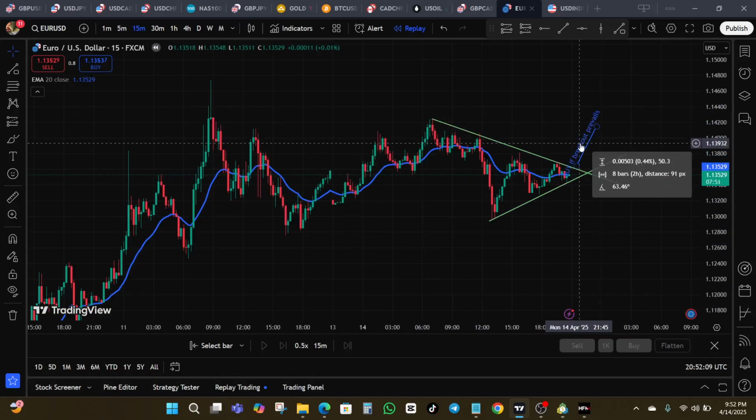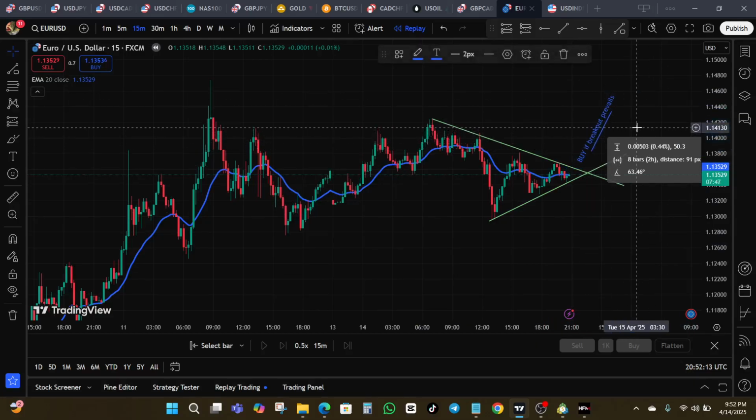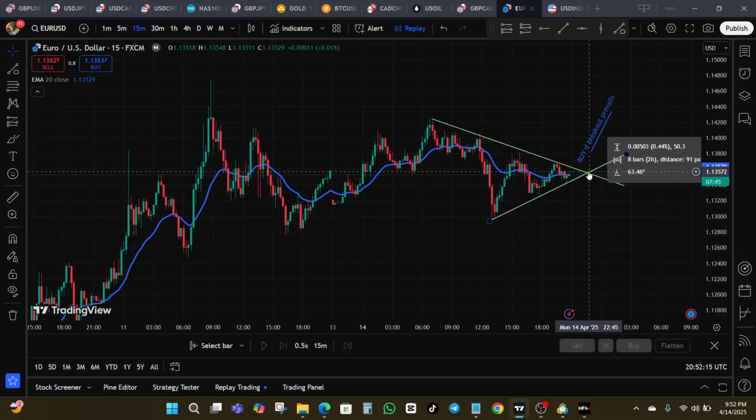So that is just an example. So probably I'm waiting for a breakout from this triangle to the upside, and then even wait for a retest and a continuation. So I have a particular reason why I bought. Okay, and then I can journal my reason why I entered this trade, where I set my stop loss, where I set my take profit.